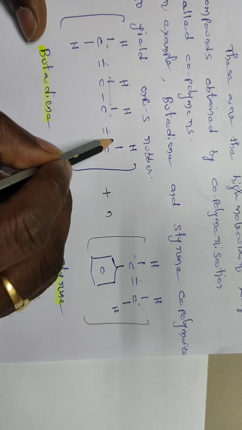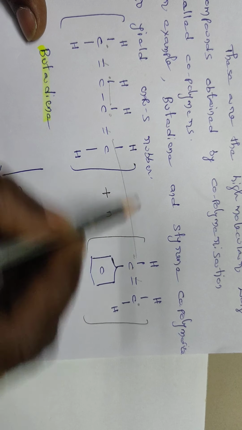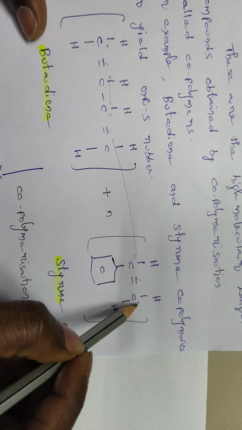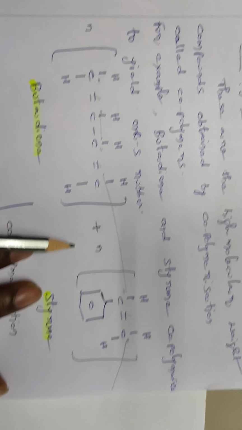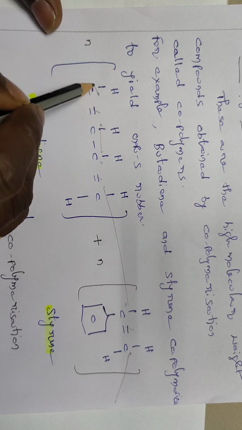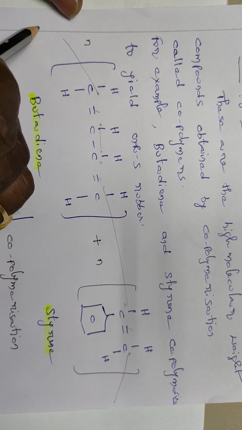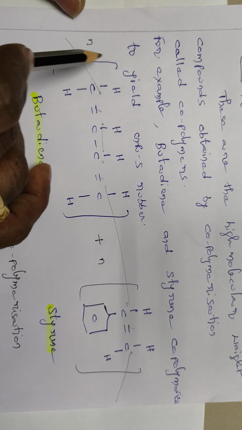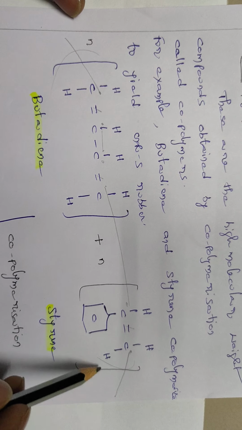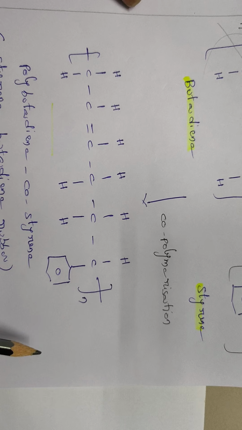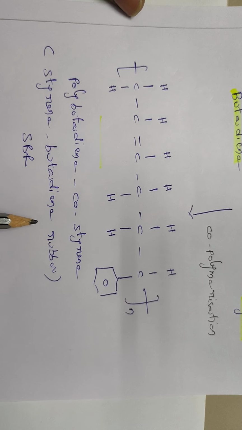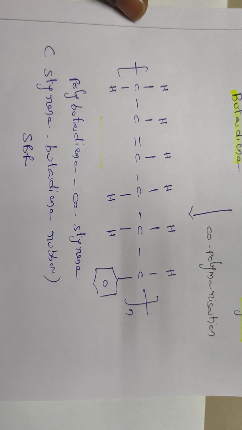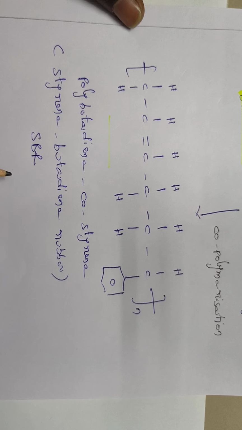This active bonding site forms a bond with another monomer having an active bonding site. Then this entire unit will repeat several times. So that is the structure of polybutadiene co-styrene, or it is also called styrene butadiene rubber, or SBR.